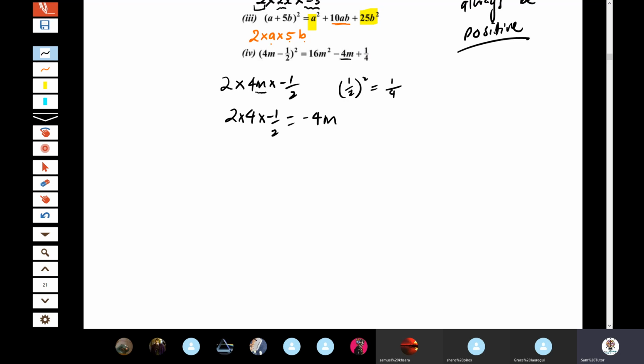The first one and the last one will always be positive. Don't be afraid if it's a fraction. It doesn't really do anything. All right. Like I said, again, any questions?